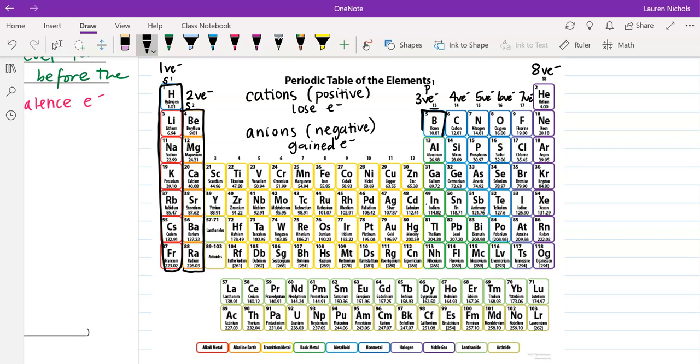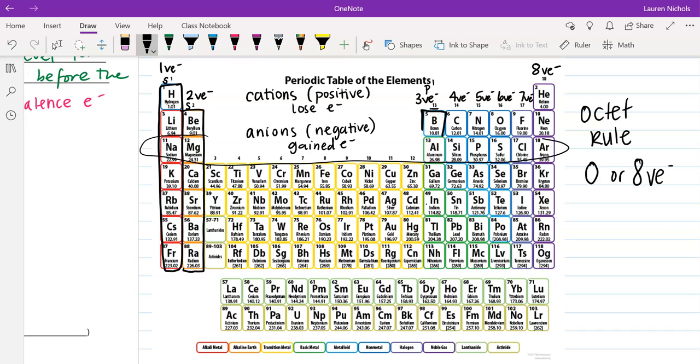The reason why cations and anions even form is because of these valence electrons. There's a rule called the octet rule that says that all atoms either need to have 0 or 8 valence electrons. Essentially, they need their outer energy level to be completely filled. So they do that by either losing electrons to drop to a full inner layer, or they add more electrons to just fill up the rest. But they do it based on what would be easiest.